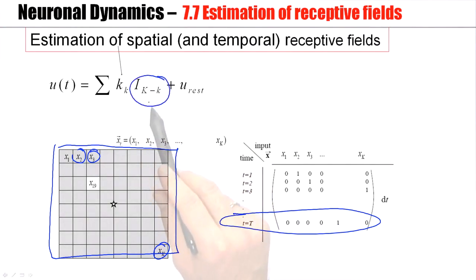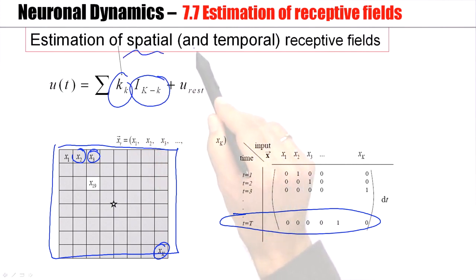This input is multiplied with a spatial filter. Now this k here, k sub k, is something like a spatial pattern that would represent the response properties of the neurons. And that's the spatial receptive field. In a similar fashion to the discussion we had before, we can also extend this and have both spatial and temporal components.